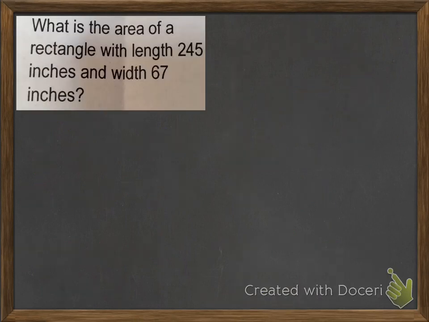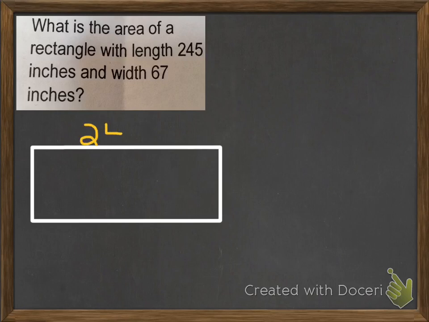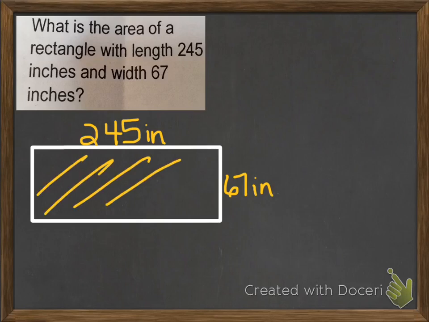This problem says, what is the area of a rectangle with the length of 245 inches and the width of 67 inches? So I've got a rectangle, and the length is 245 inches and the width is 67 inches, and they want to know the area.